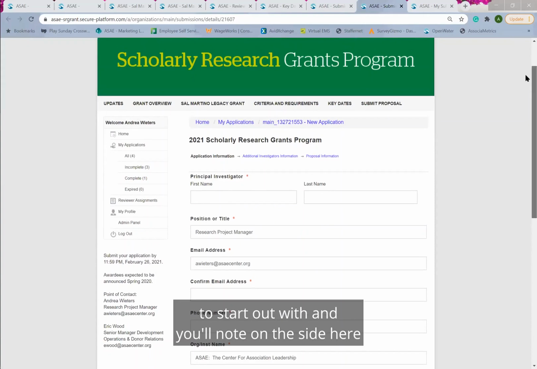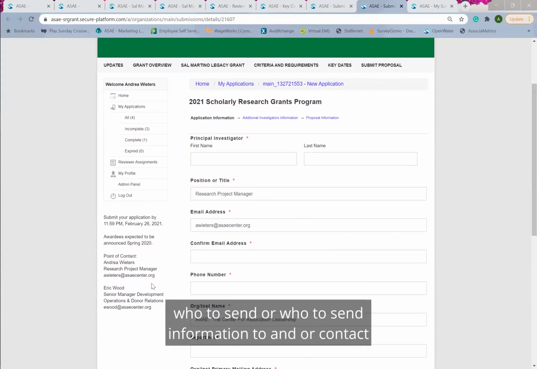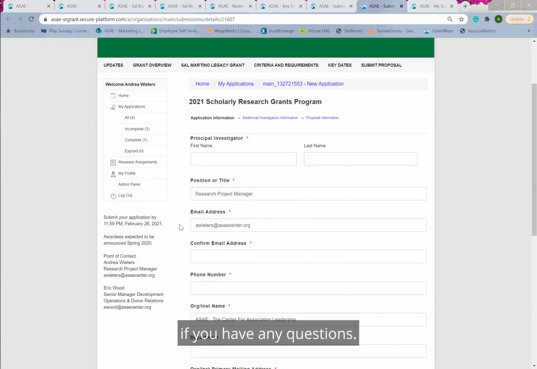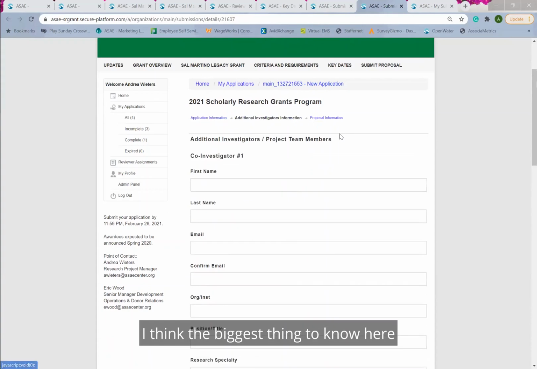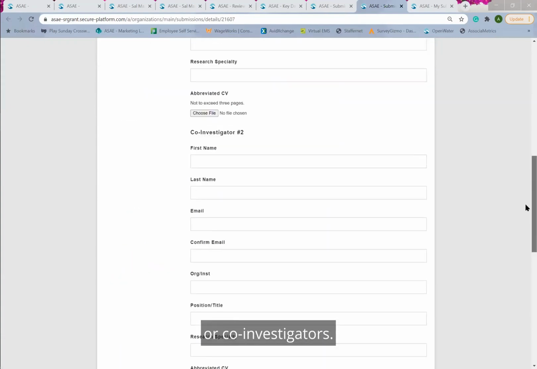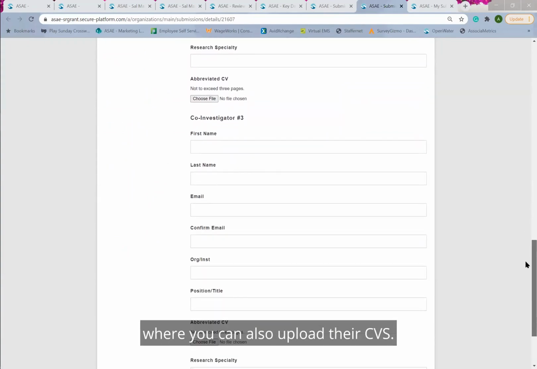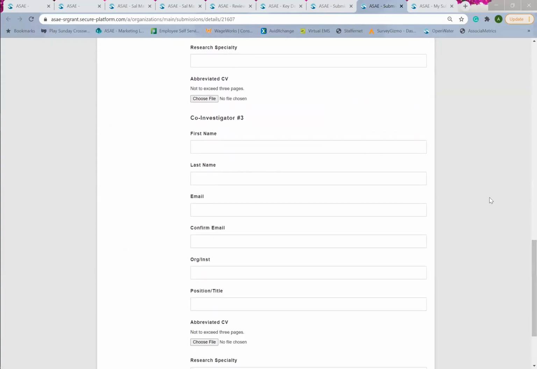You'll note on the side is a reminder of when your applications are due, and the email addresses I mentioned earlier, for who to send information to or contact if you have any questions. I think the biggest thing to know here is you can input additional investigators or co-investigators. We have up to 3 listed, and you can also upload their CVs.